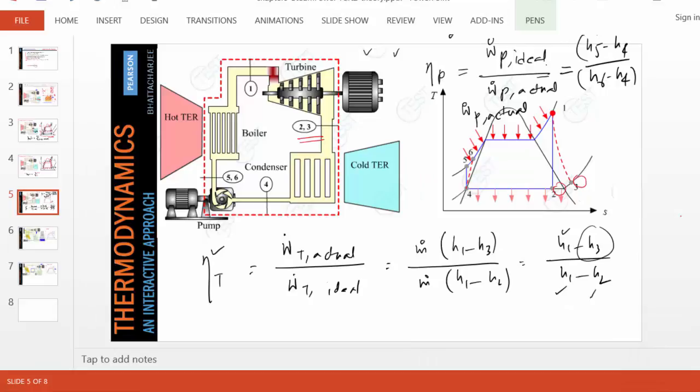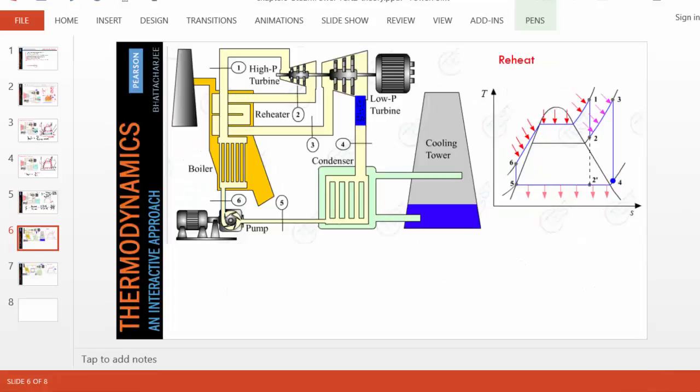Okay, now let's take a look at some of the modifications we can make to the vapor power plant, to make it more efficient and make it produce more power. The first modification is the reheat, and what is done in the reheat cycle, again there is a nice animation on reheat, is that the turbine is split into two different stages.